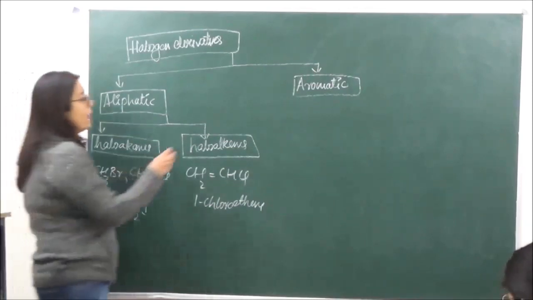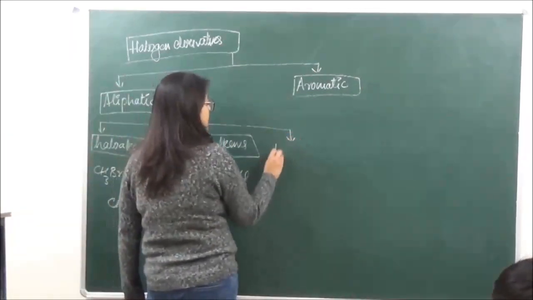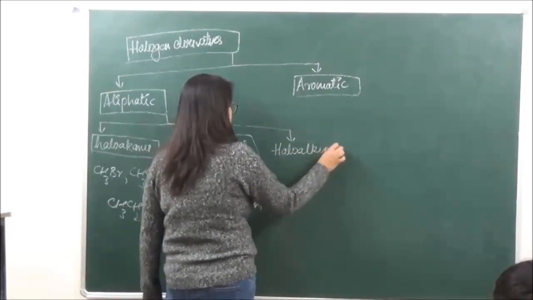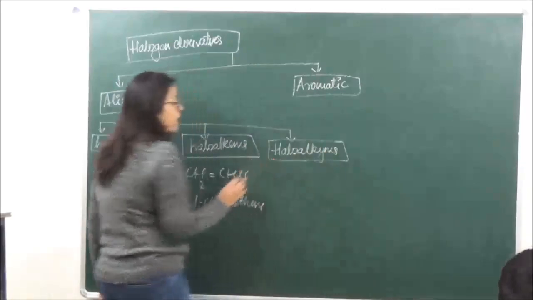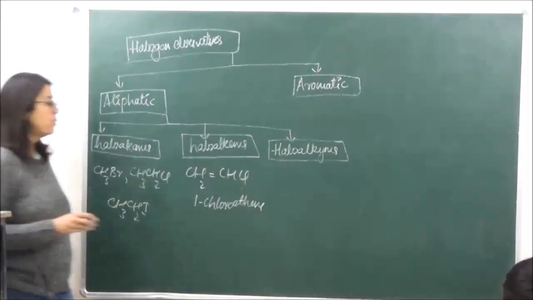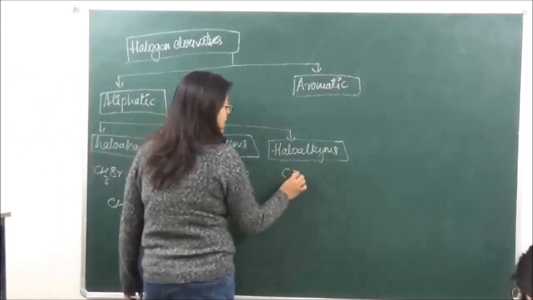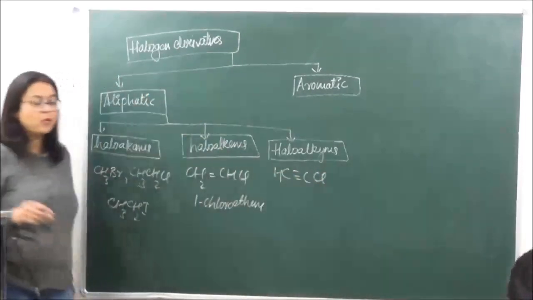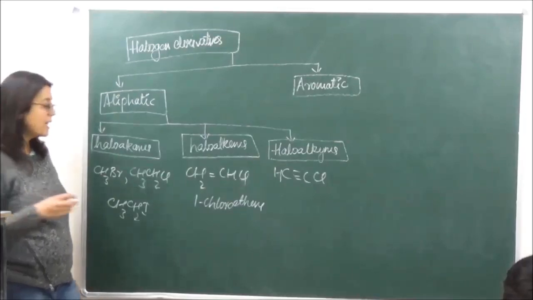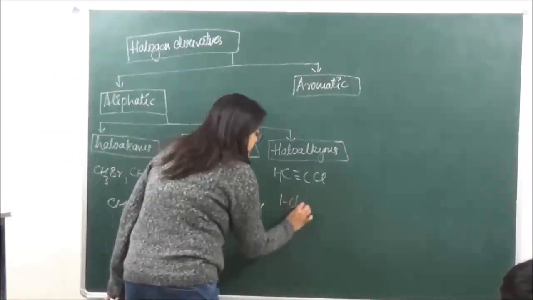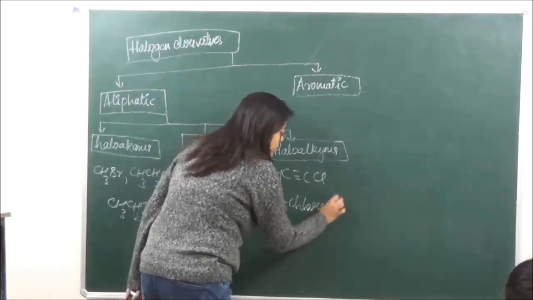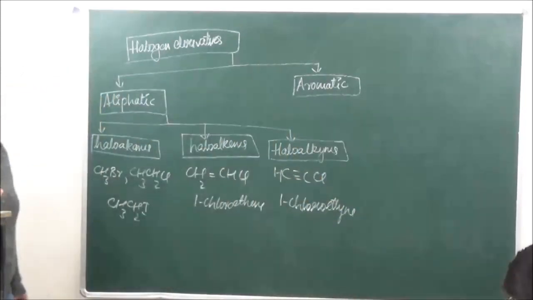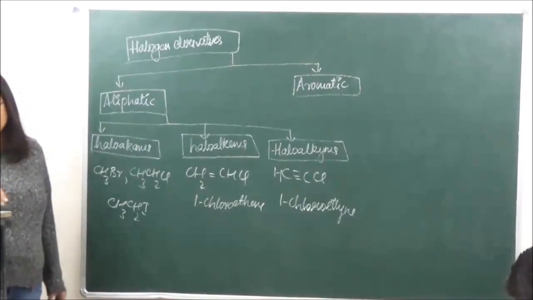Then we have haloalkynes. Haloalkynes, they are going to have a triple bond over here. So we have C triple bond C Cl. This will be known as 1-chloroethyne. So this is how we are going to broadly classify the aliphatic.